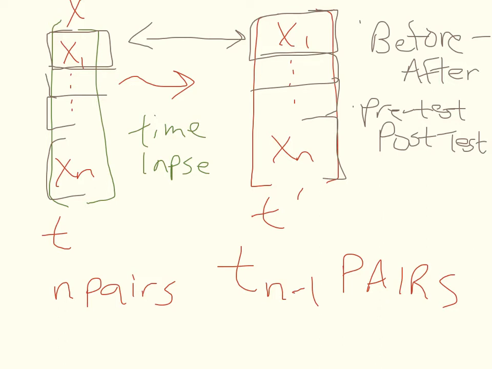When you see something like this, you'll say, okay, I need to use the paired sample t-test. You'll normally get the idea because you need to have the same number of pairs, the same number of values in each group. But there's not just a pairing in time, there's also a pairing in space. So consider one group of family members.